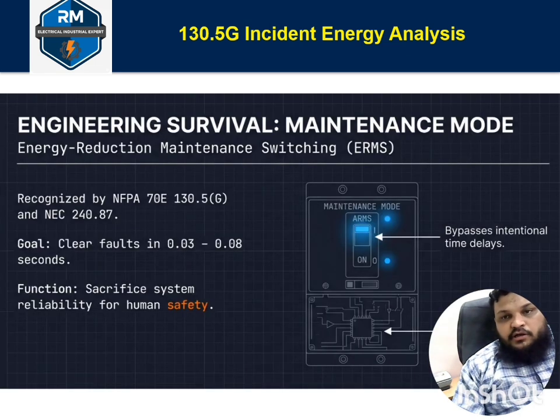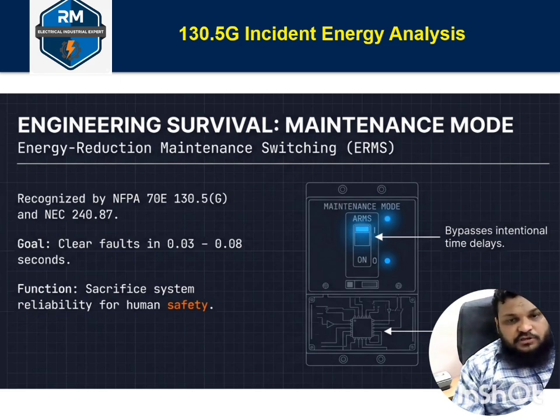So we are going to discuss one of the modes, that is maintenance mode. In maintenance mode, we use an energy reduction maintenance switch, as recognized by NFPA 70E clause 130.5(G) and NEC 240.87. With this switch, the goal is to clear the fault in between 0.03 to 0.08 seconds.